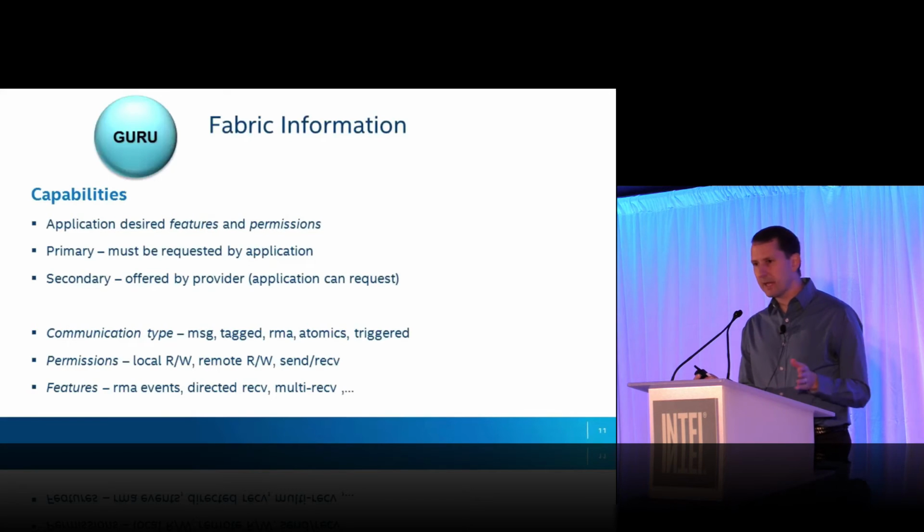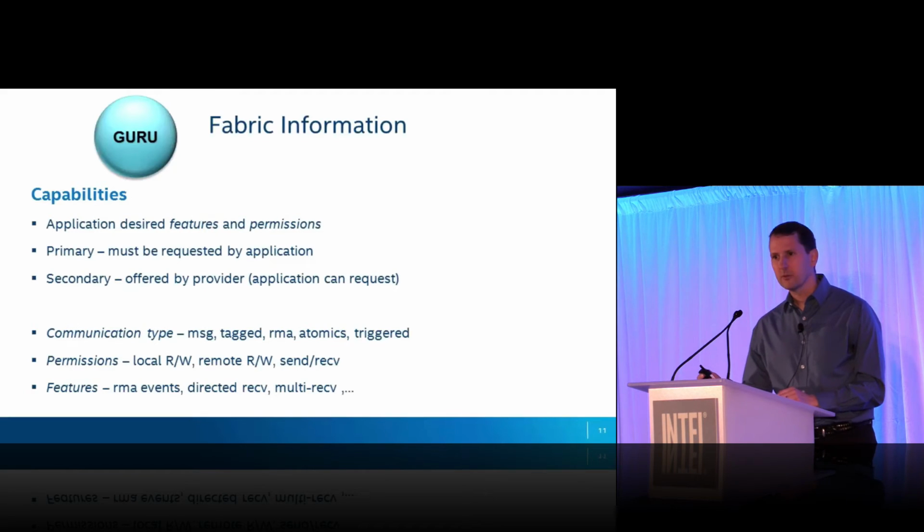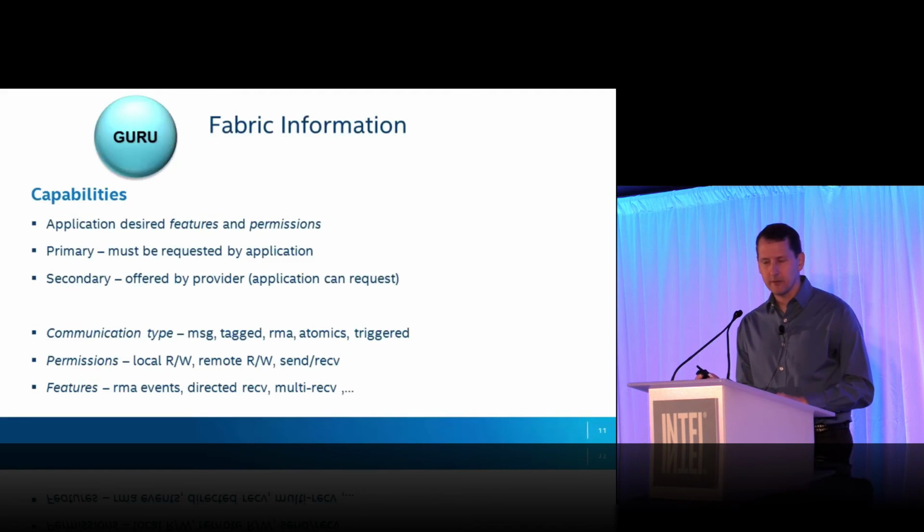So we want to add a feature that says, if I'm going to do an RDMA read to the remote side, does he have the ability to at least know that that occurred without me sending a separate message? We want to build those sorts of features into the API. So you can do the RDMA read, and the remote side will be notified of it without you having to send a separate message. You can now start taking advantage of it from an application viewpoint.